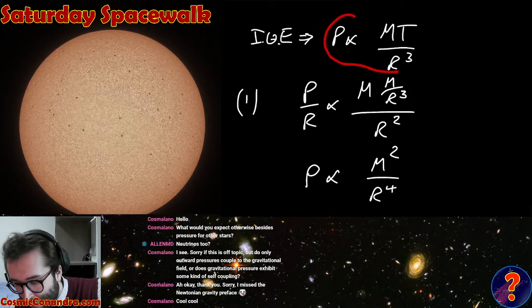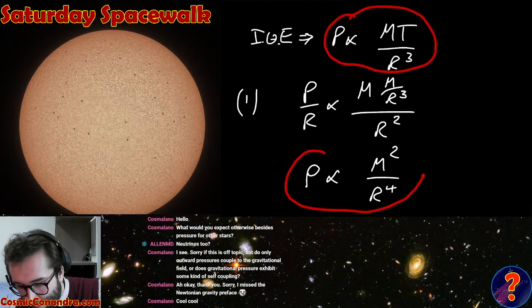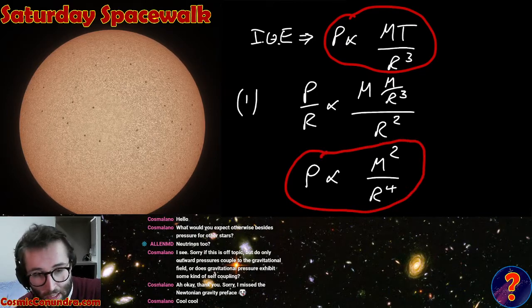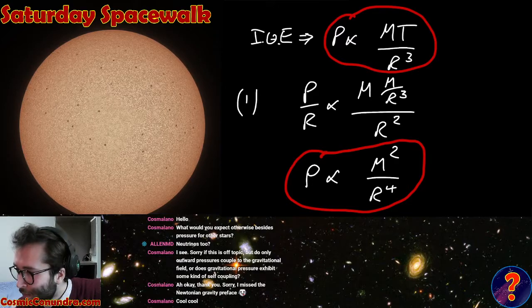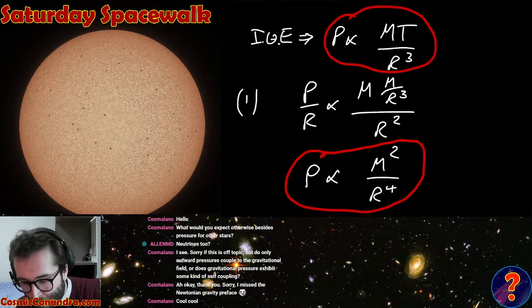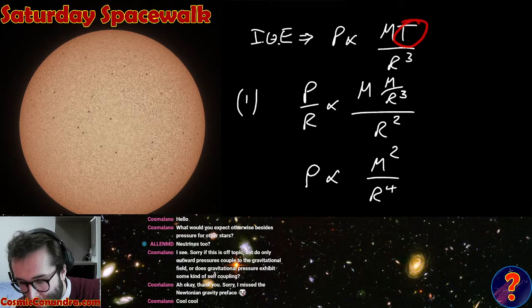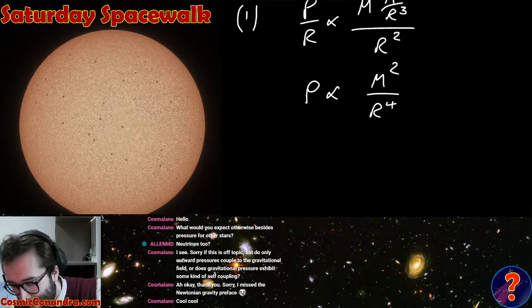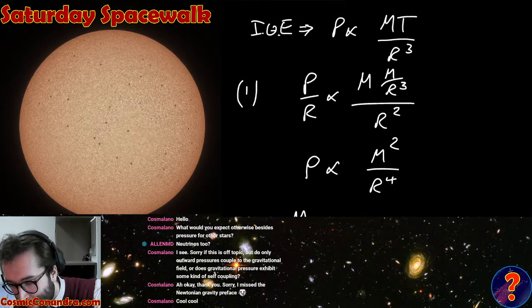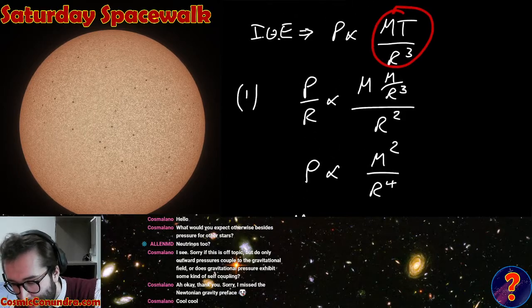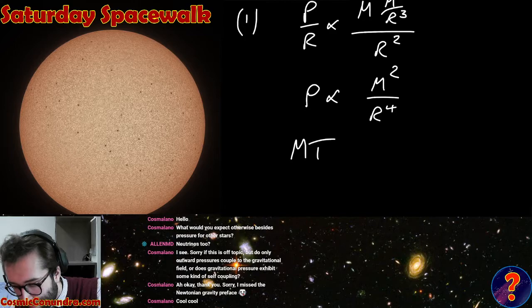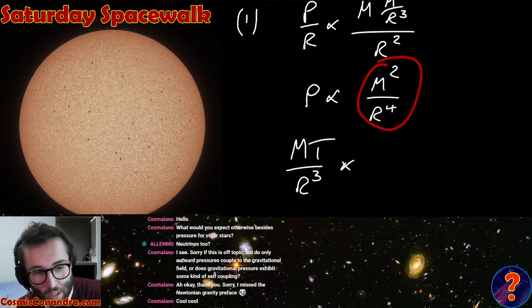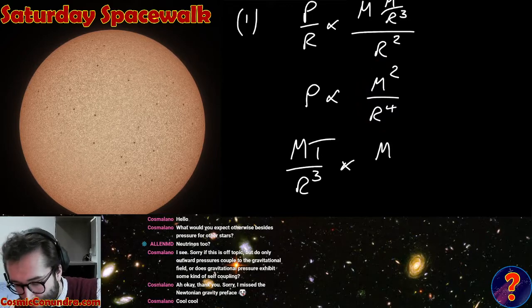But we already have an equation for pressure. So we would like these two equations to be self-consistent. And if we impose them being self-consistent, you can see that we'll be able to rearrange an equation for T. So if they're self-consistent, then we have to have the top equation, m T over r cubed, is proportional to the bottom equation, m squared over r to the fourth.